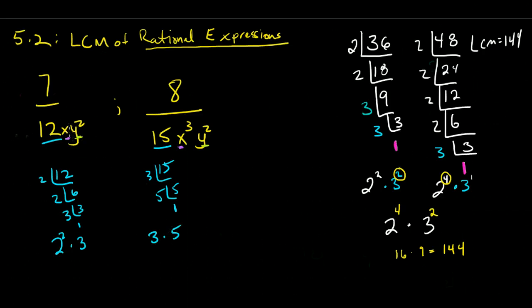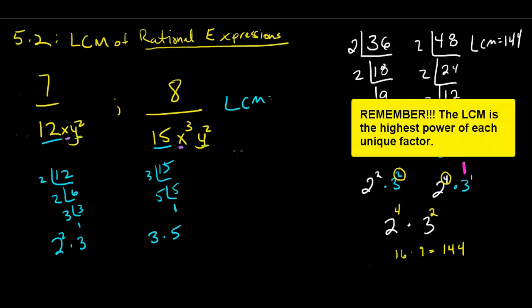Now, remember, we're talking about the highest power of each individual factor. So the LCM here will be 2 times 3 times 5, or 2 to the 2nd power, because that's what we have. Both of those are 3 to the 1st power, and 5 also to the 1st power.